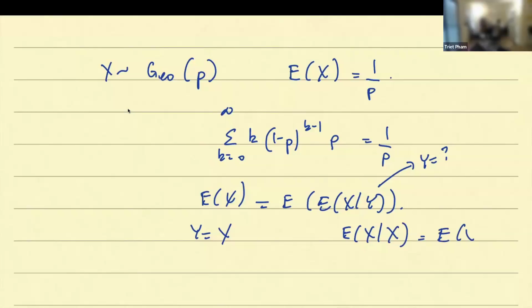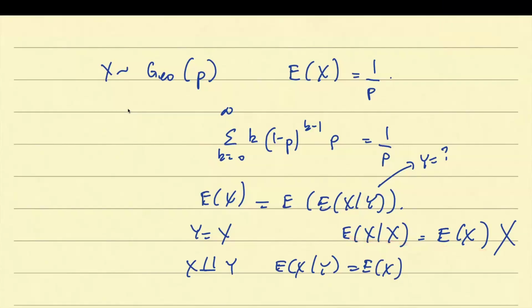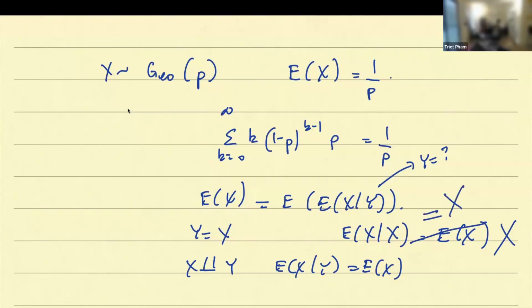The answer is not just the expectation of X. That's actually a wrong guess. That happens when X and Y are independent: if X and Y are independent, the expectation of X given Y is the expectation of X. But this is not that. Is it 1? Nope. It is X. You think about it, you already know what X is.